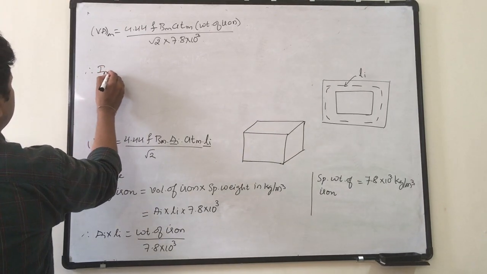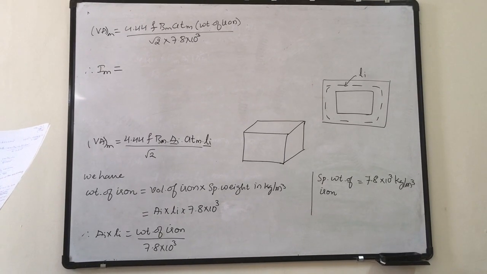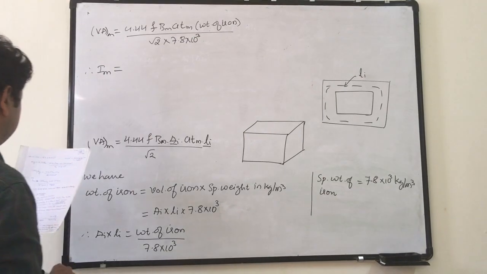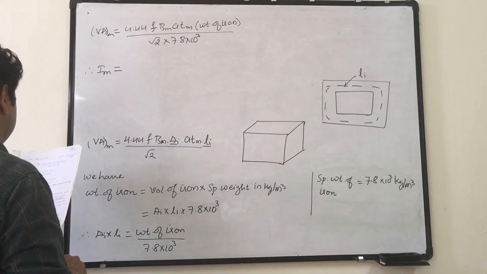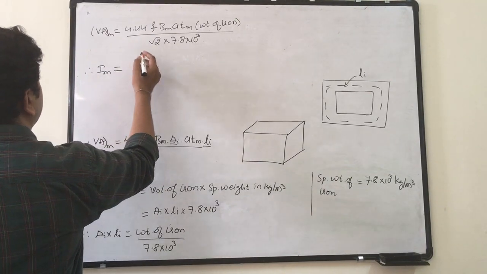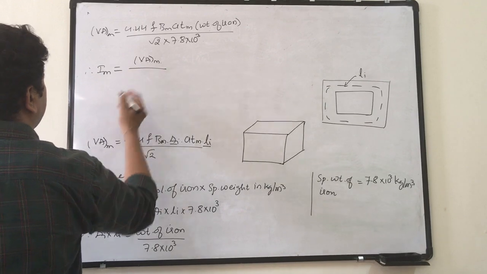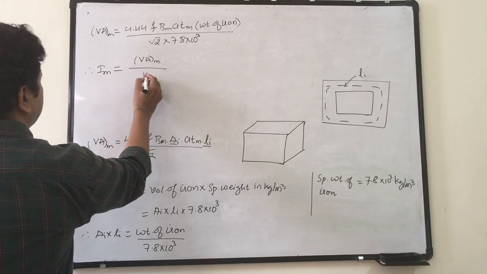Therefore, Im is equal to magnetizing volt amperes divided by V1.